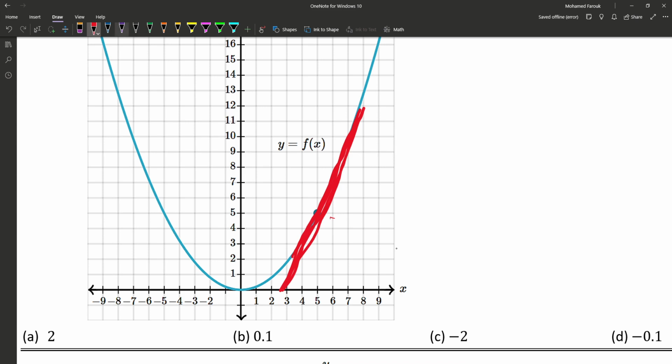But which one of them? You can draw a right angle triangle. Do it like this. It must be a right angle triangle. Then you compare the vertical length and horizontal length.